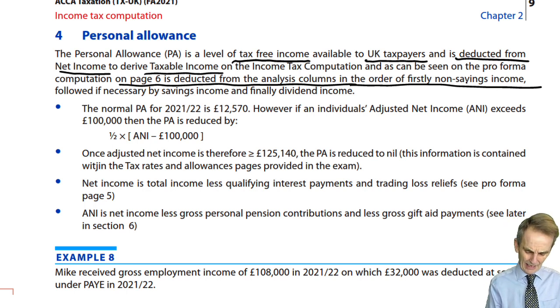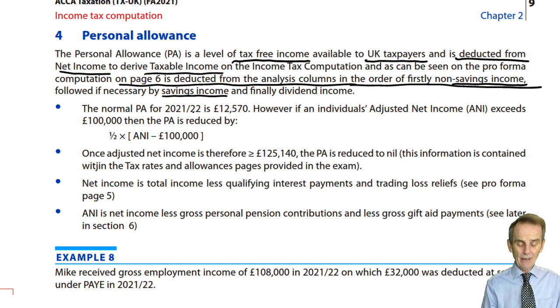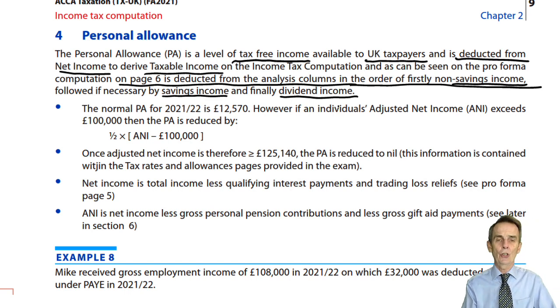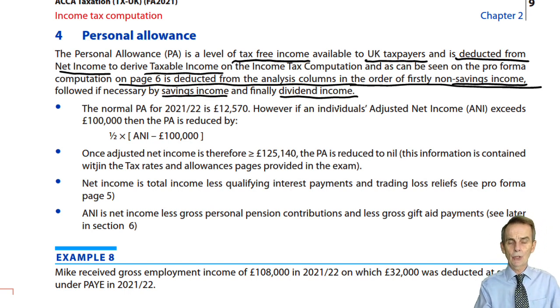They go firstly against non-savings income. If they exceeded non-savings income, it would then be followed, if necessary, by a reduction in savings income, and only then, finally, moving to dividend income, should there be insufficient non-savings and savings income to cover the level of those deductions, here specifically the personal allowance.